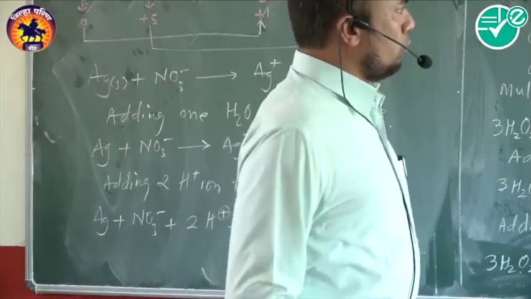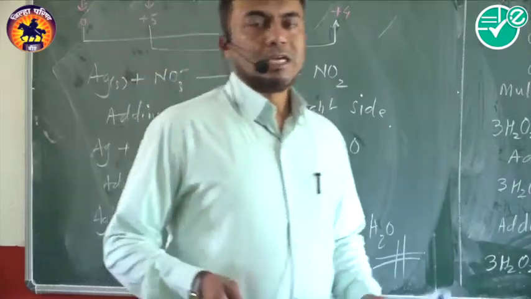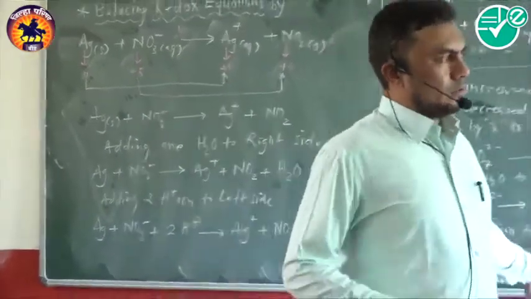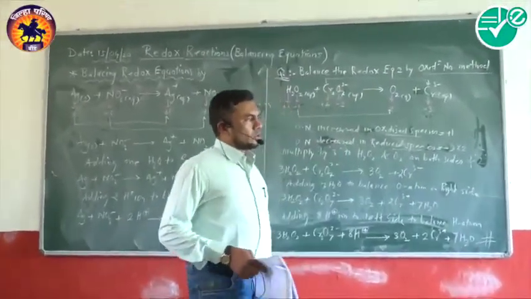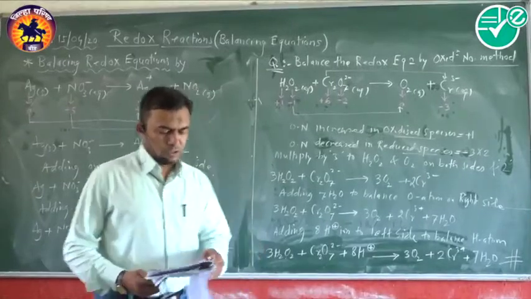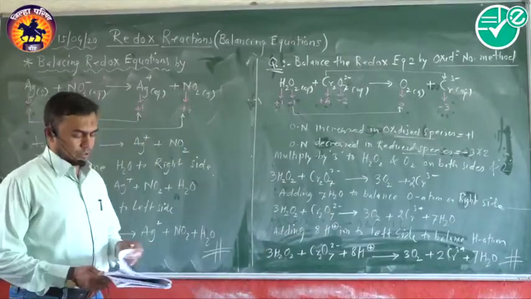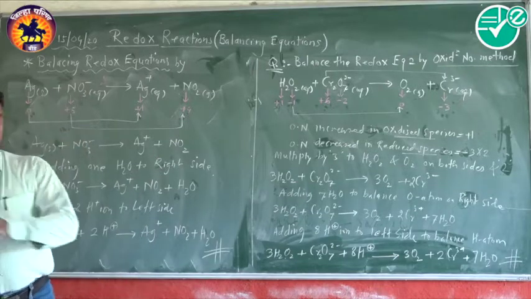Similarly, for all other redox reactions taking place in acidic medium, we can use the 5 steps involved in balancing the redox equation. Now we'll move to the next, that is to balance the redox equation with the help of the ion electron method.